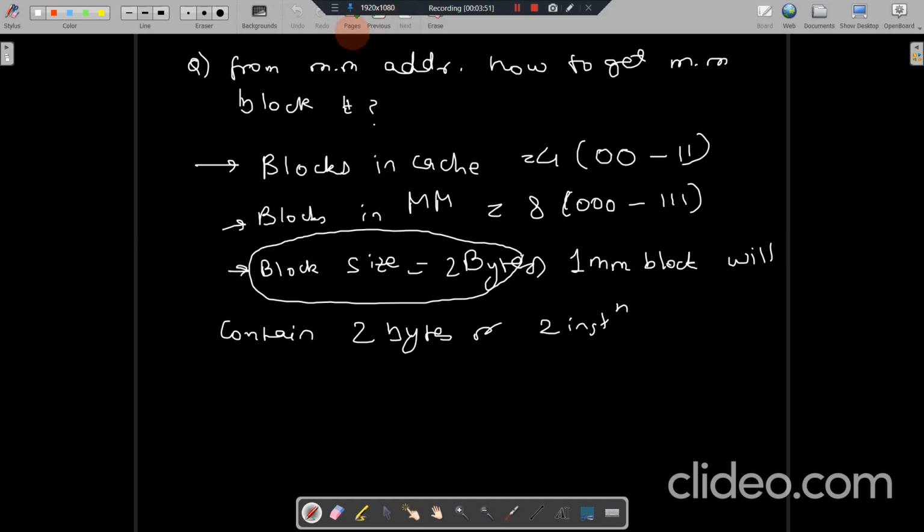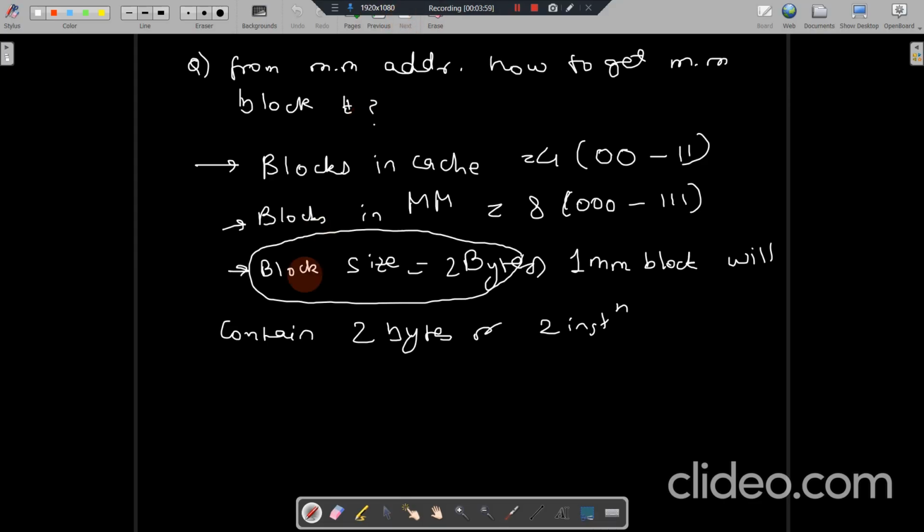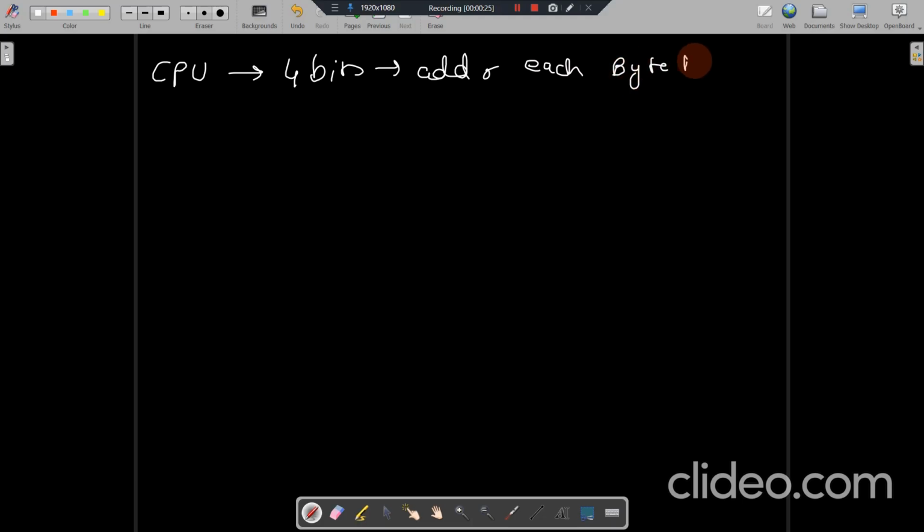All right. Now, in order to represent 2 distinct bytes, suppose our CPU generates 4-bit addresses. Okay. Suppose our CPU generates addresses of 4 bits. And what is this 4-bit address which the CPU is generating? These are the addresses of each byte of main memory.